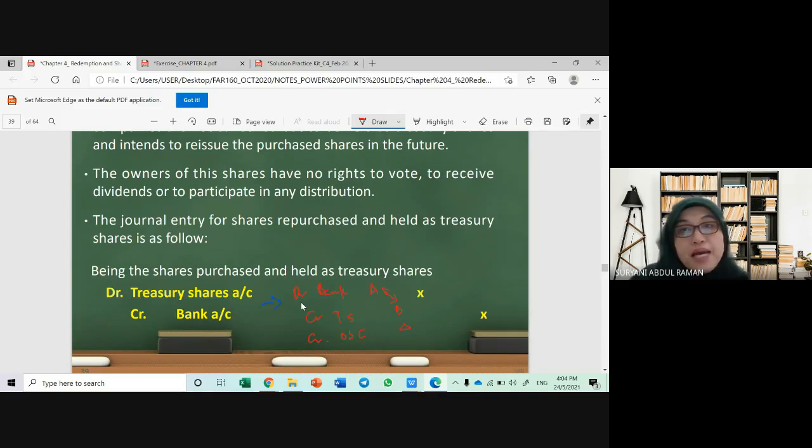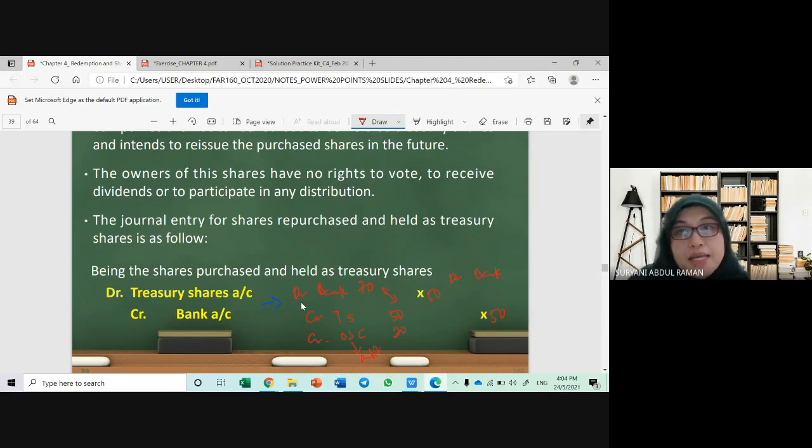For example, let's say the treasury shares is 50, the original value is 50, and you sell at 70, so the cost is 50, right? So you have an extra of 20, so this 20 is the profit.